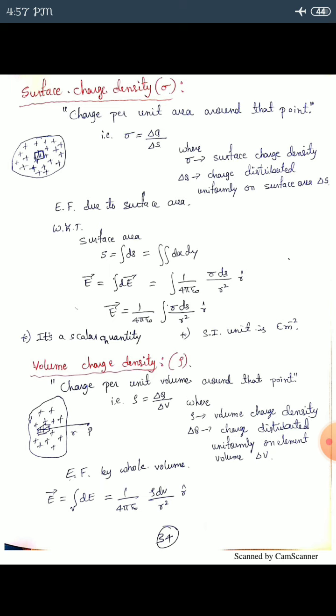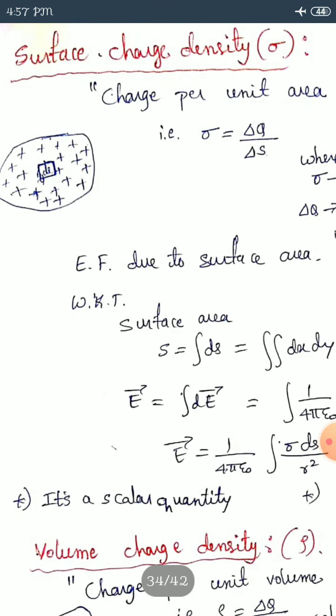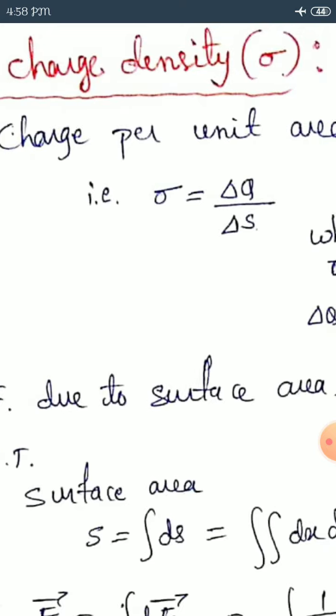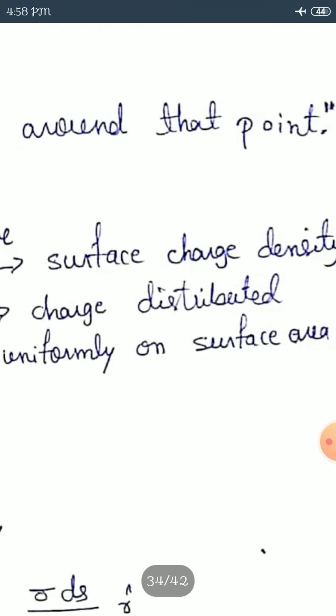And now surface charge density. As we know, charge can move on surfaces also. So for that particular object, we have to consider the surface area. How can one study it? Surface charge density is nothing but charge per unit area around that point.